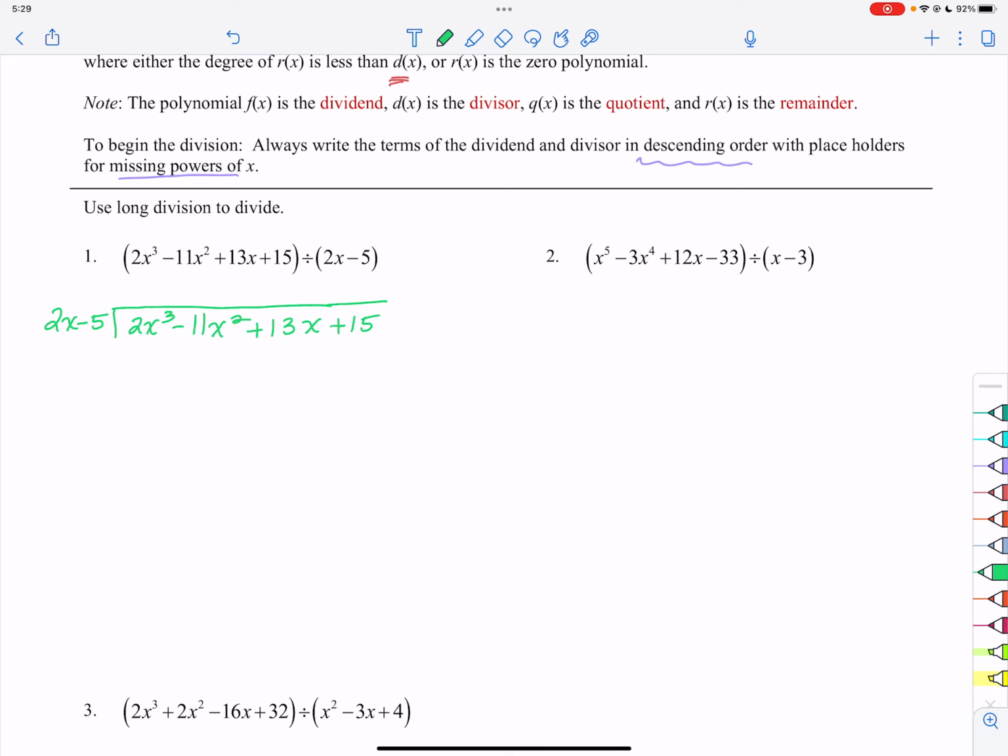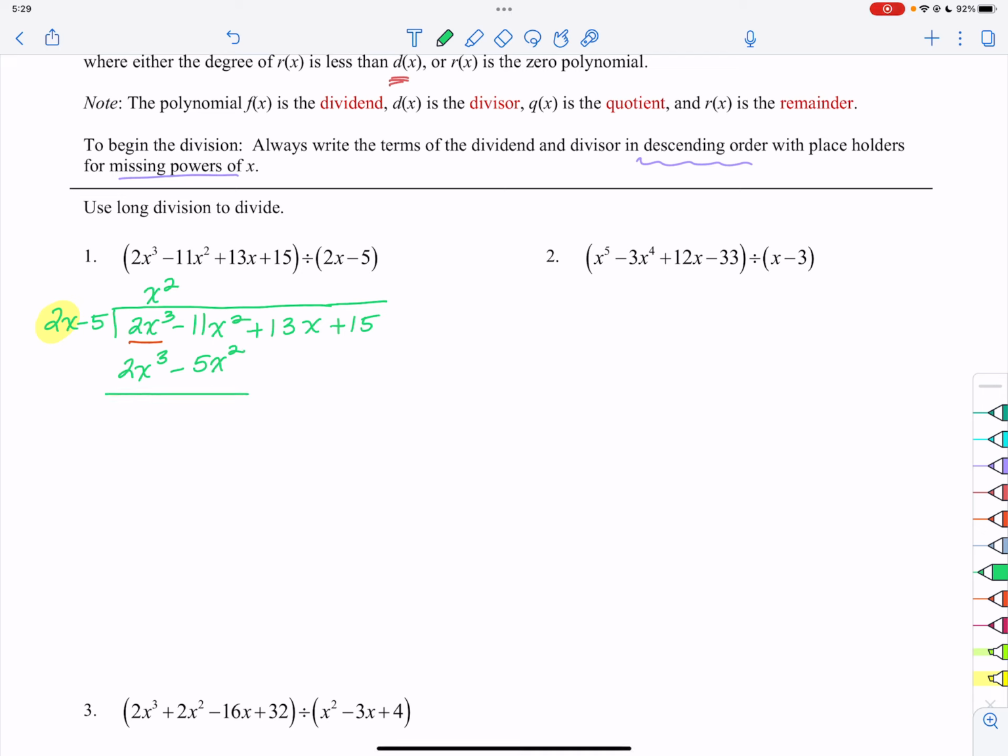Okay, so we're going to always focus on this, and then we're going to start with our first term, 2x cubed. And we can multiply 2x by an x squared to come up with 2x cubed. So now we'll actually multiply x squared by both of these terms of the binomial. So we have 2x cubed minus 5x squared.